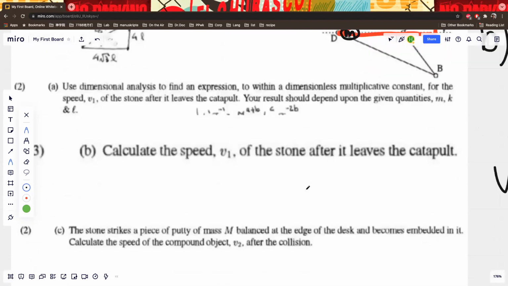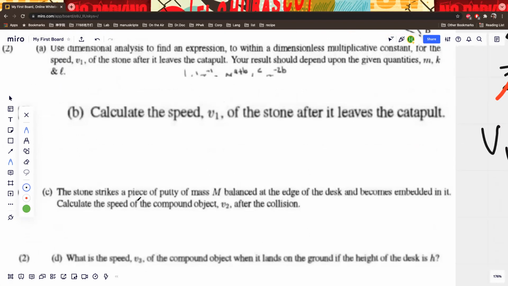It hits a piece of putty of mass capital M, which is balanced on the edge of a desk. And the stone gets embedded inside the putty. So that seems like an inelastic collision.